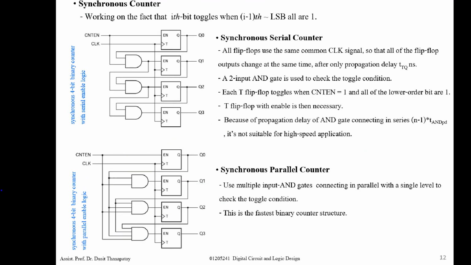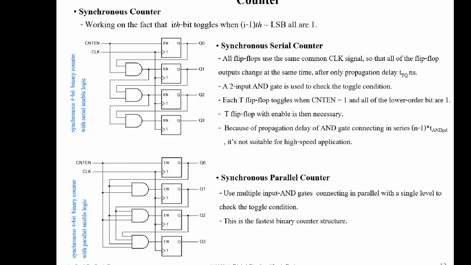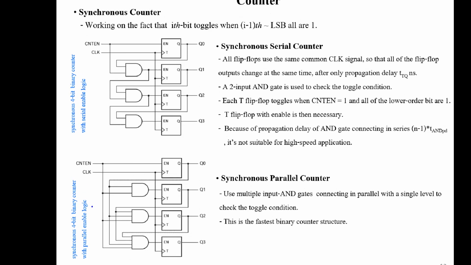But for the speed, because this enable will be 1, this input and this input must be available. And this input is from this output, so it needs to wait for the propagation delay from this AND gate, and this one also must wait for this AND gate.